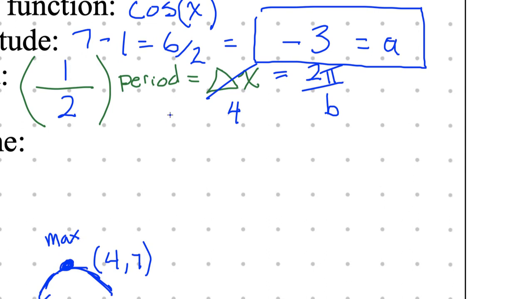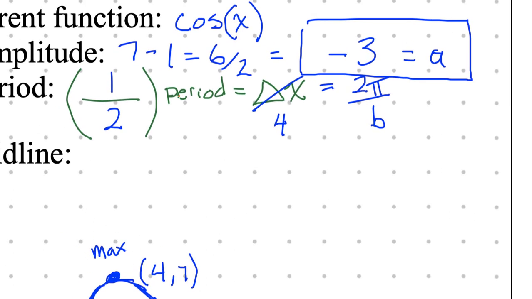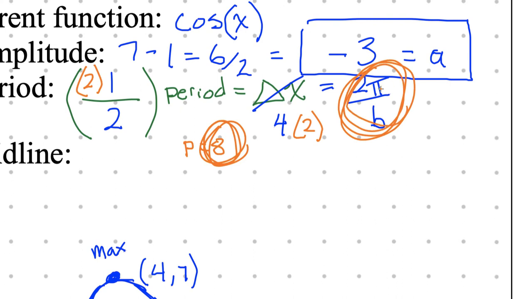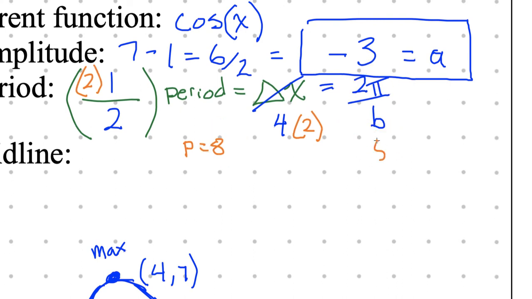It is indeed 8. I multiply both sides by 2, and I get period is equal to 8. And now, once I have the full period is 2 pi over b, so I can now say 8 is equal to 2 pi over b, and then I can solve. Again, the way that I showed you guys in the warm-up was a cool little trick.